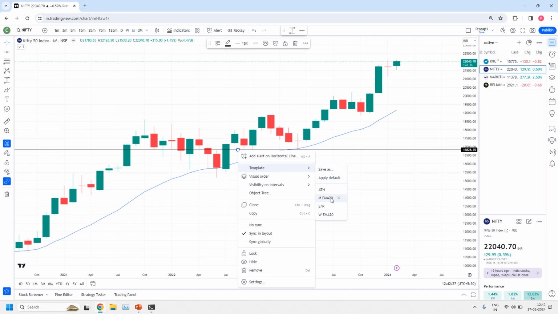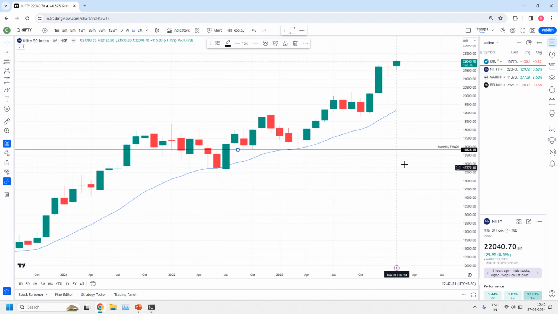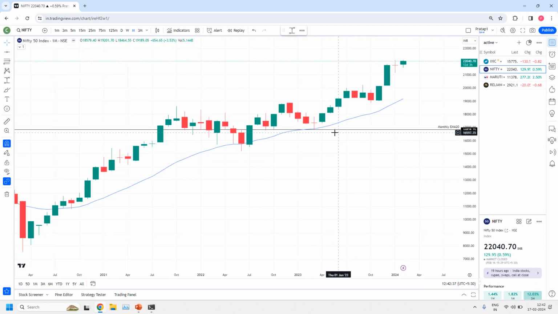MEMA 20, it will just give a name to this horizontal line on the right side. See here, I got the name monthly EMA 20. So if I go to the daily time frame, this line is visible. Now I can identify this is the area of monthly extension.